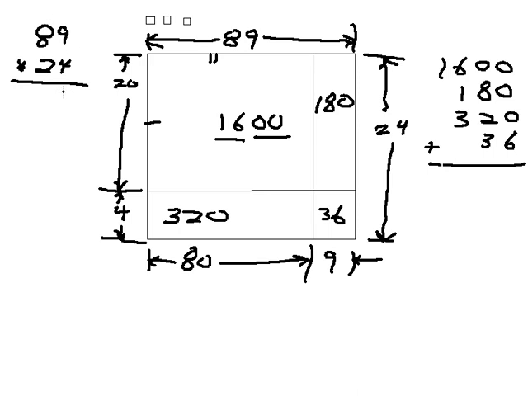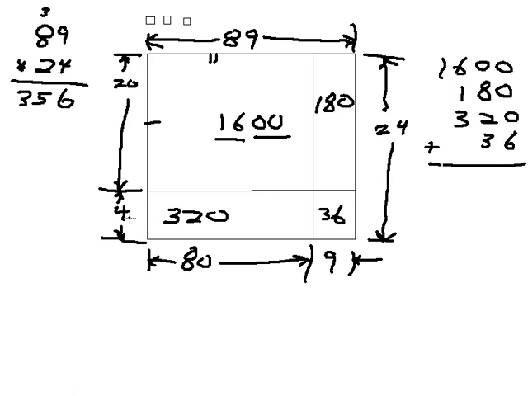4 times 9 is 36. We do this just like a one-digit multiplication. Remember, in one digits, we said, okay, 4 times 9 is 36, and then 4 times 8, we have to add the carry. It's 4 times 8 plus 3, just like the other video, 35.